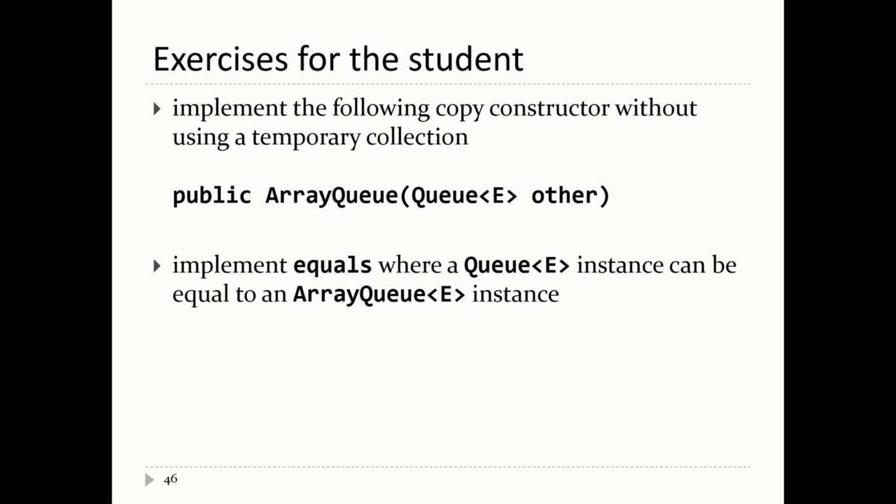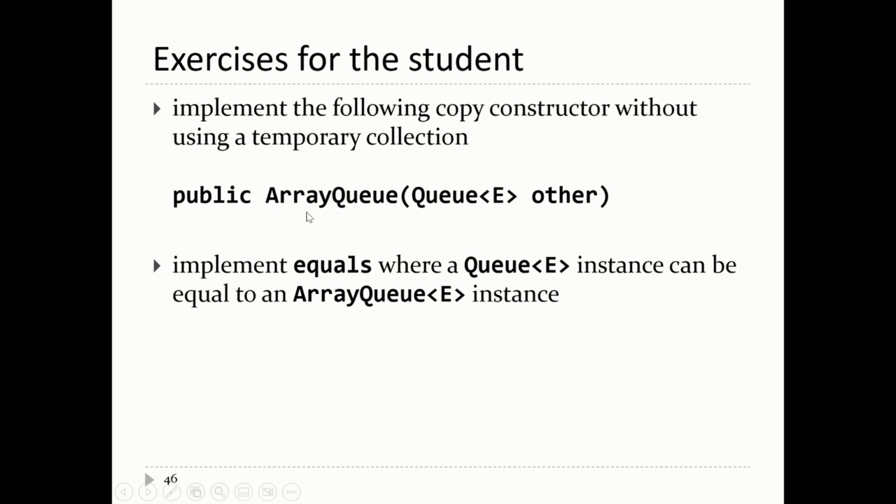Because when you dequeue the other queue, you're going to get an element of type E. When you enqueue the other queue, you're also going to get an element of type E. So I think what you're asking is if I make a queue of integer and I try to copy a queue of double, is that going to cause a problem? The answer is no. The compiler won't let you do that.